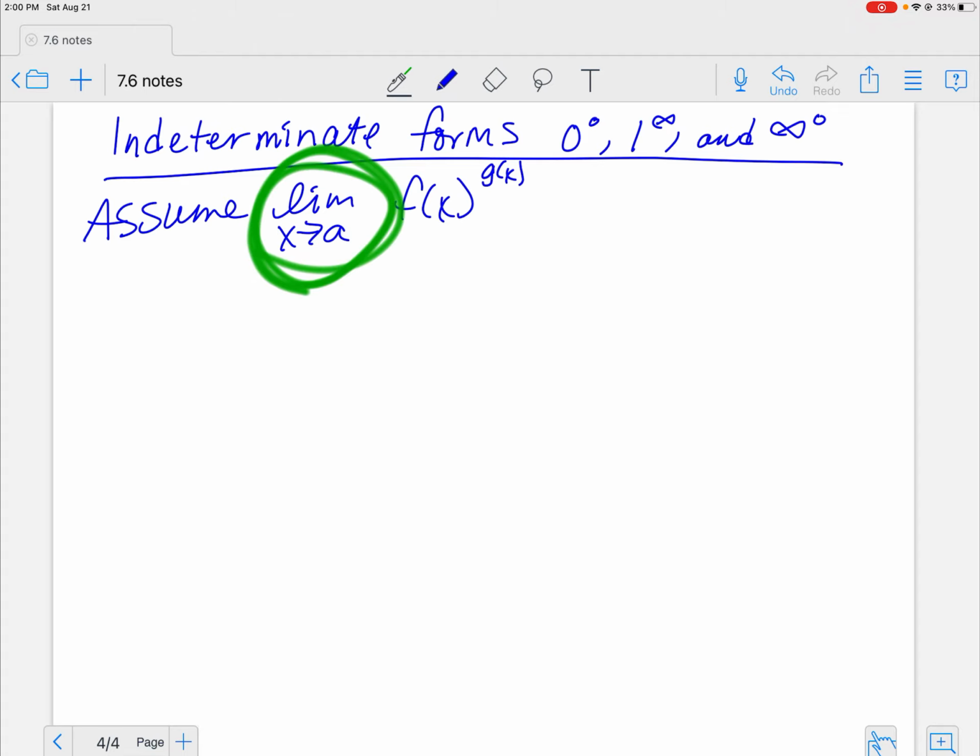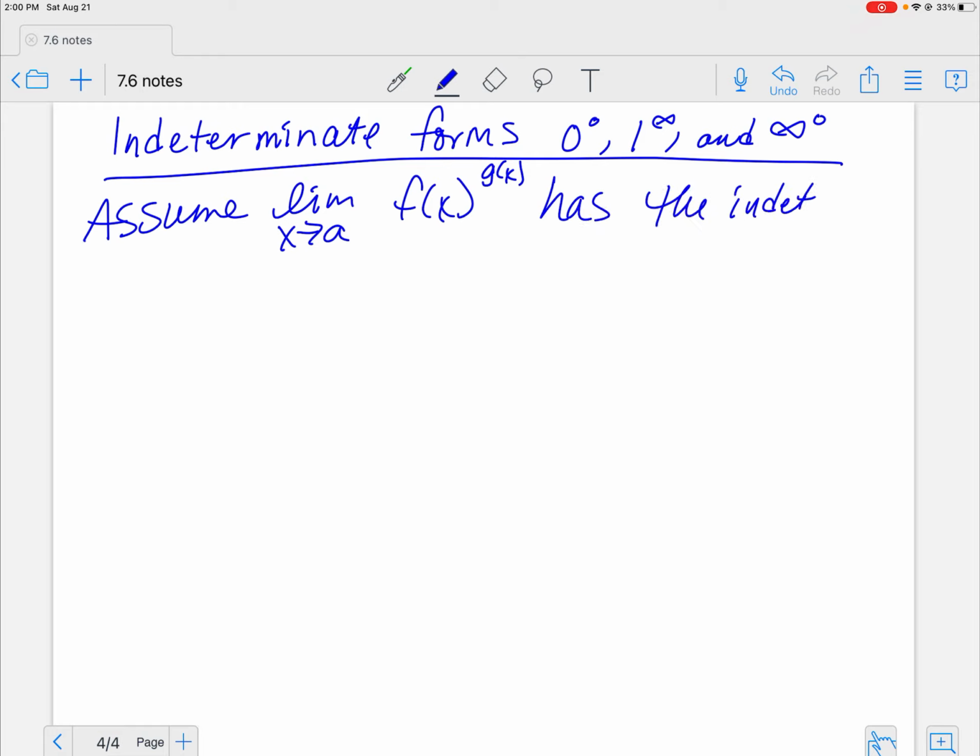You have this operation associated with a function to a function. That's where we're working here. Okay. And it has the indeterminate form of 0 to the 0, 1 to the infinity, or infinity to the 0.